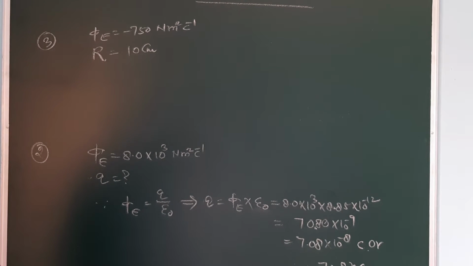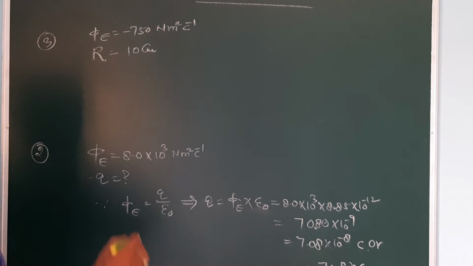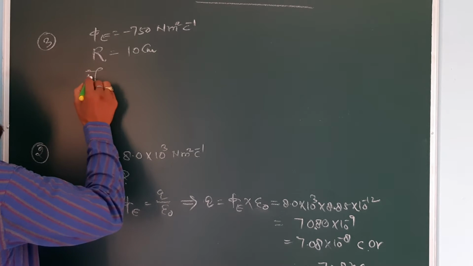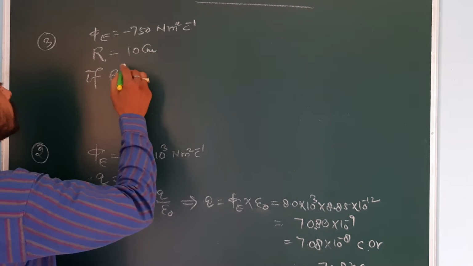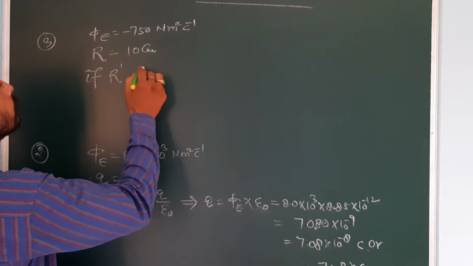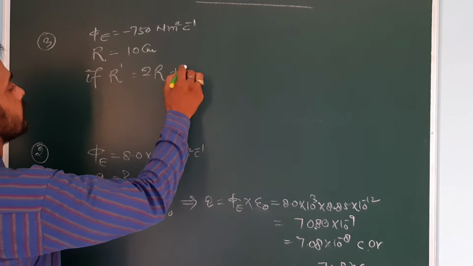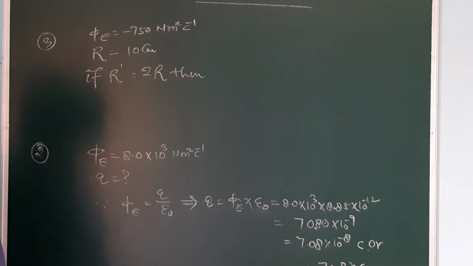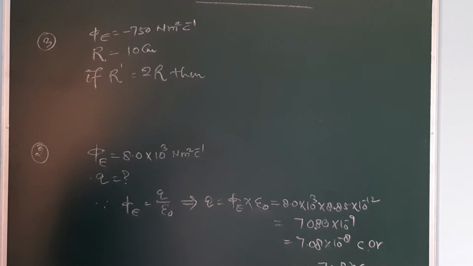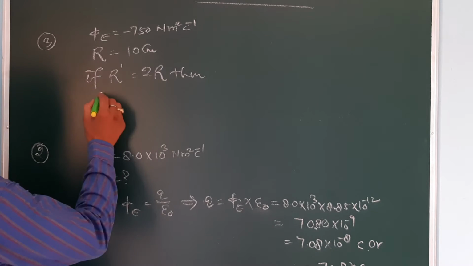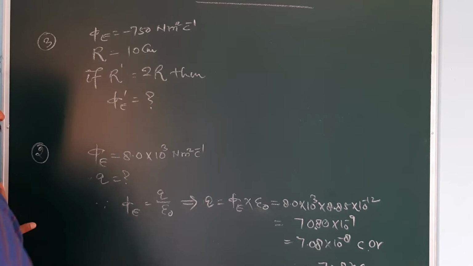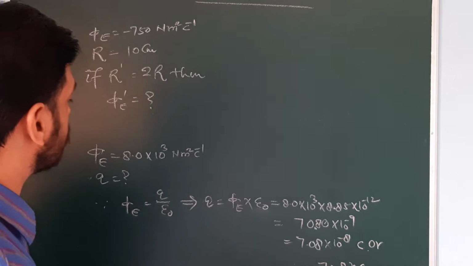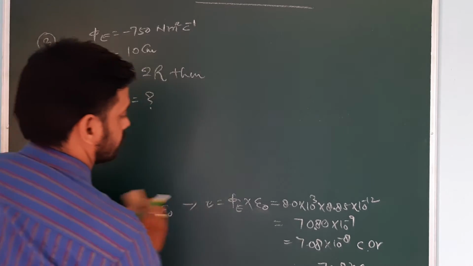If the radius of the Gaussian surface is doubled, suppose it becomes r dash equal to 2r, then how much flux would pass through the surface? What will be the electric flux phi E dash?